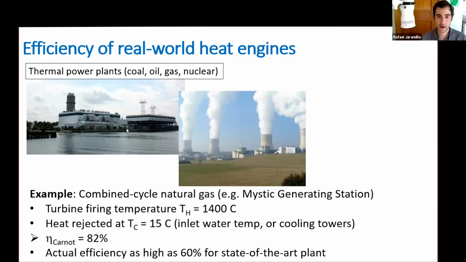I don't know if that's representative of the water or probably what you get in these cooling units. I'm not sure. So if you plug these numbers into Carnot efficiency, you find that the theoretical limit is 82%. And the actual efficiency of these is close to 60%. So that's really remarkable. It's really, really good. This tells you a lot about the state of technology for natural gas combined cycle plants.